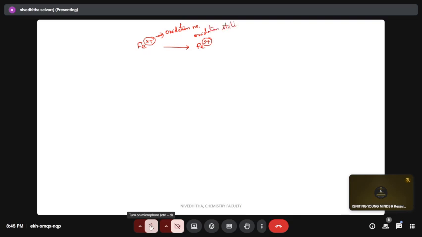In a chemical reaction, if the oxidation number is increased, then that is called oxidation. If the oxidation number is decreased, then that is called reduction. Okay, you're getting my point. If the oxidation number is increasing, from 2 plus to 3 plus, then it is oxidation. If the oxidation state is decreasing, then that is called reduction. Okay, as simple as that.